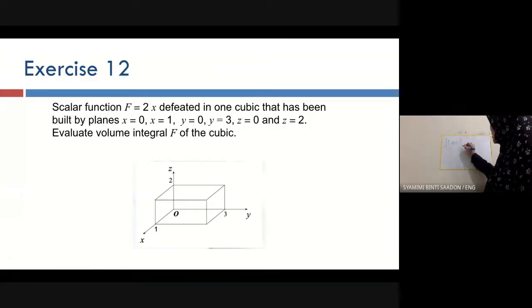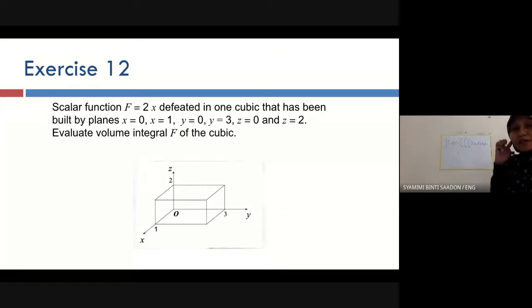So z from 0 to 2, y from 0 to 3, and x from 0 to 1, right? And the function F is 2x. So this is dx, dy, dz.